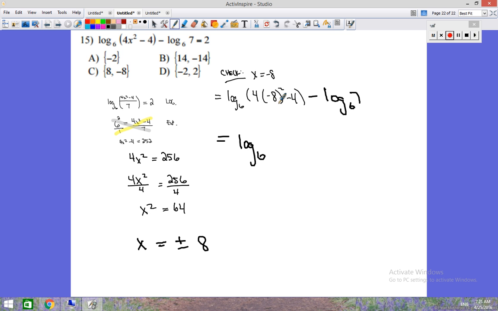If I key this in a calculator, I get 252. The difference of two logs, I can write that as a single logarithm. The log of the numerator minus log of the denominator. And 252 divided by 7 is 36.